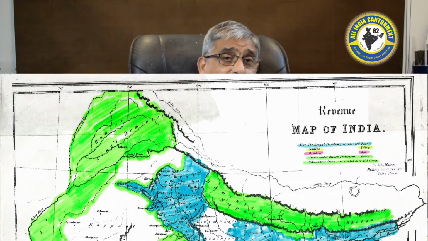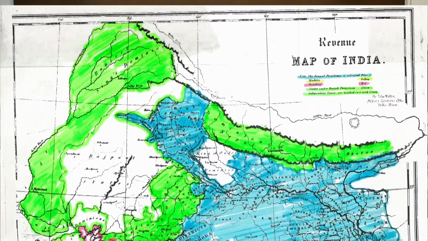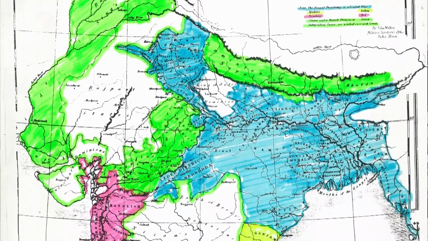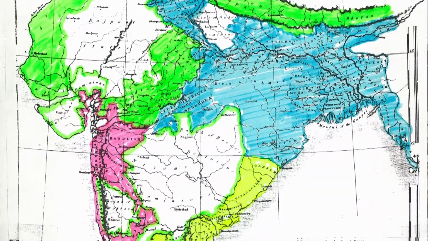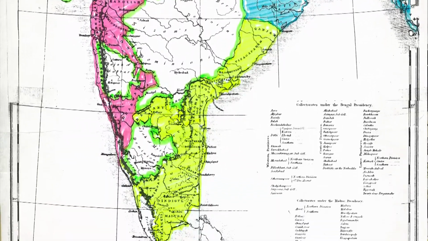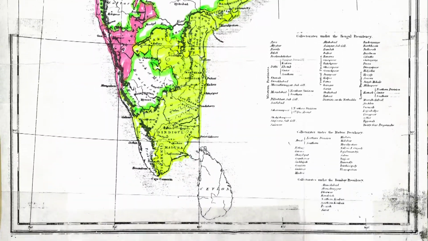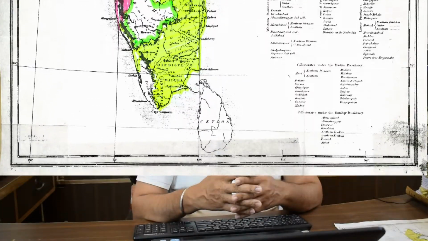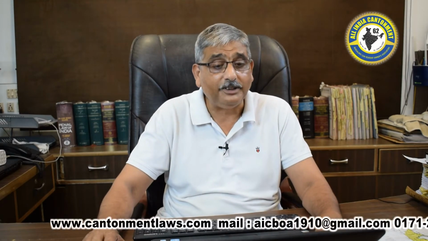It's been colored. I will admit that these colorings have been done by me by eyesight, because we were refused permission to withdraw this map from the library, as it was maybe red marked and not permissible to be taken outside, and there was no colored scanning in the library.